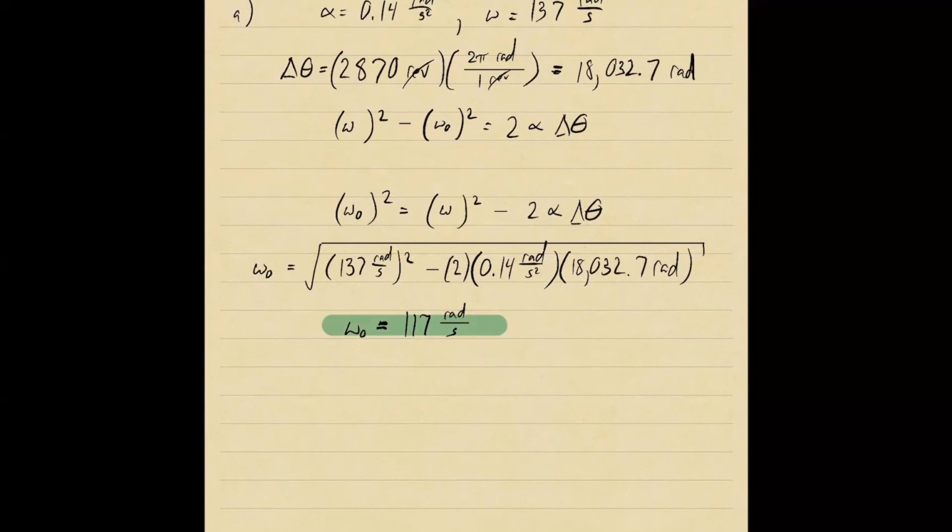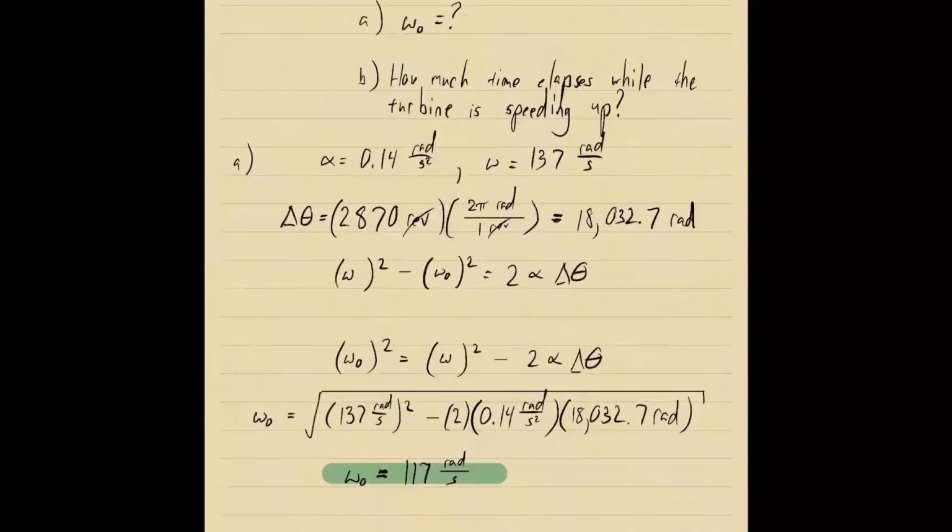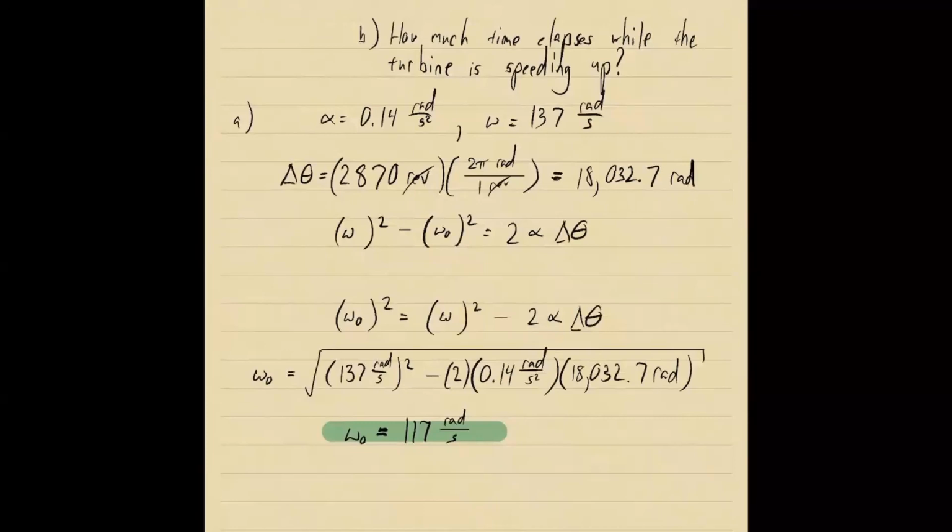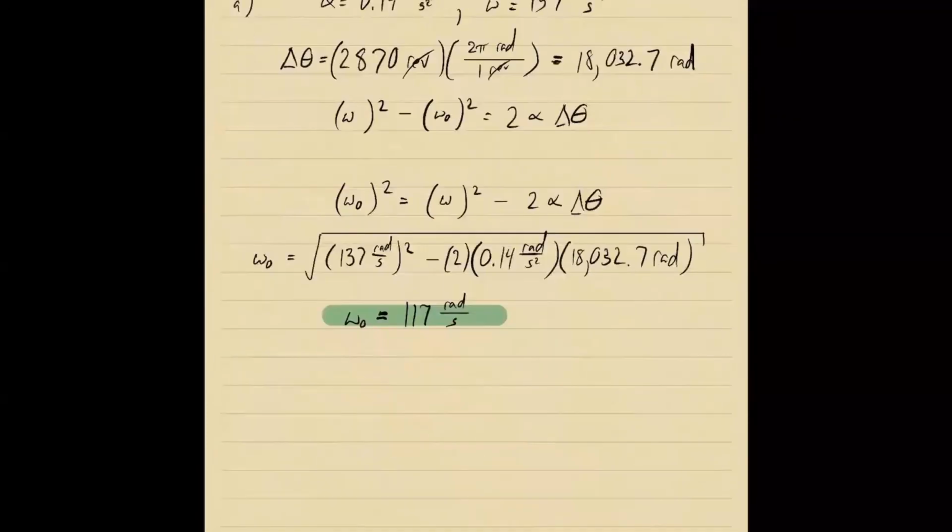So that's part A. Now part B is asking how much time elapsed while this wind turbine was actually speeding up. So for part B, well, we know that the final angular speed, or the final angular velocity of our wind turbine, is equal to the initial angular velocity of our turbine plus the angular acceleration times our elapsed time.